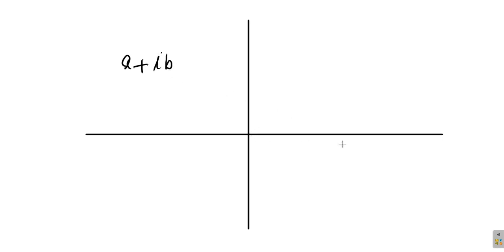You look at where A is located on the horizontal axis, that's the real axis. Then you look on the imaginary axis to see where B is located. If it's on graph paper, you can see it directly.